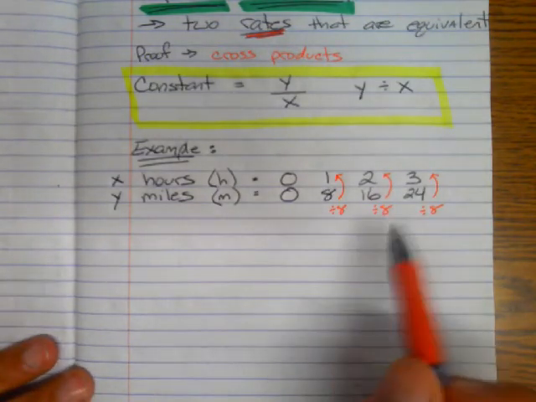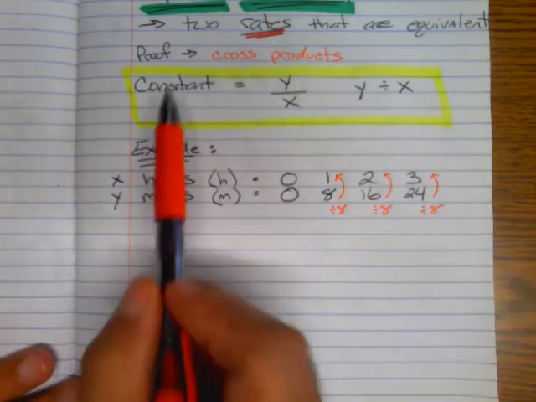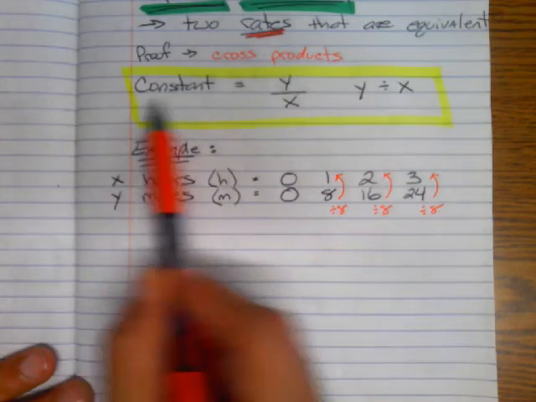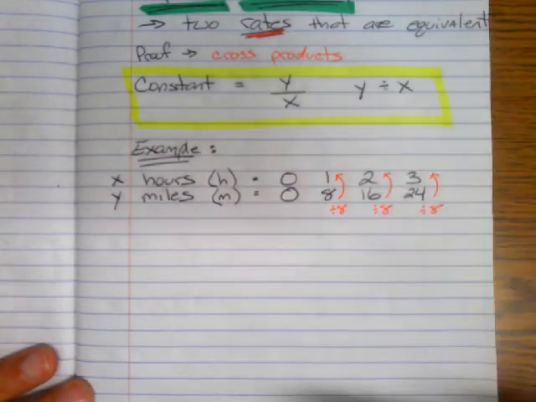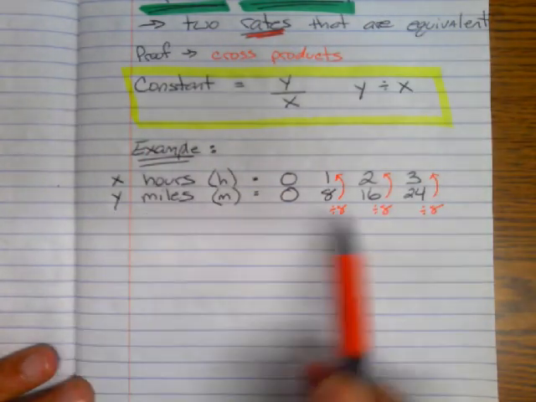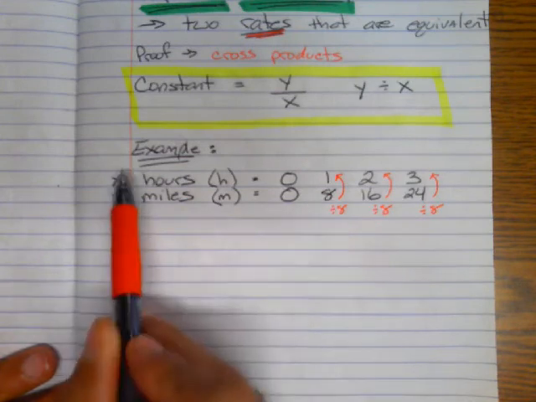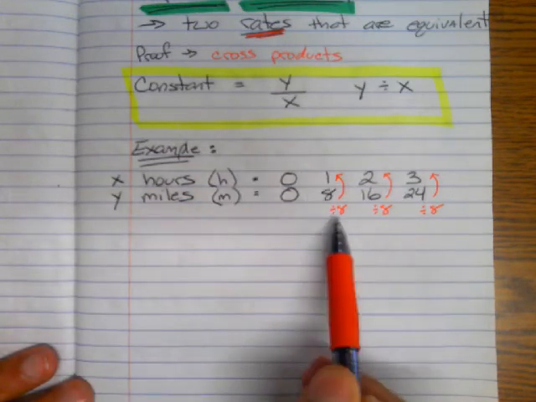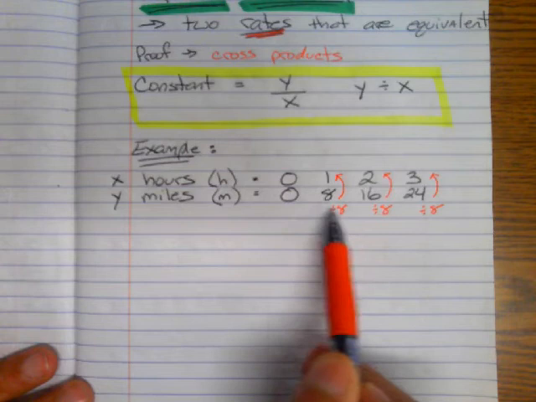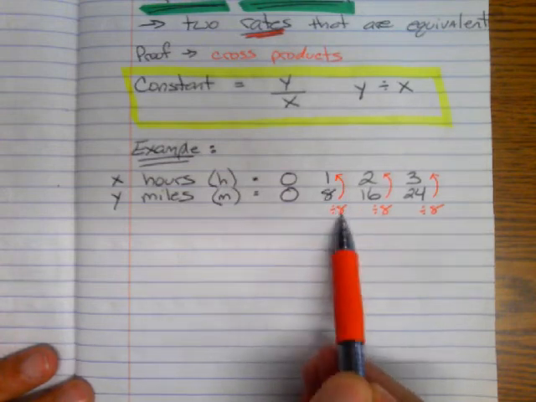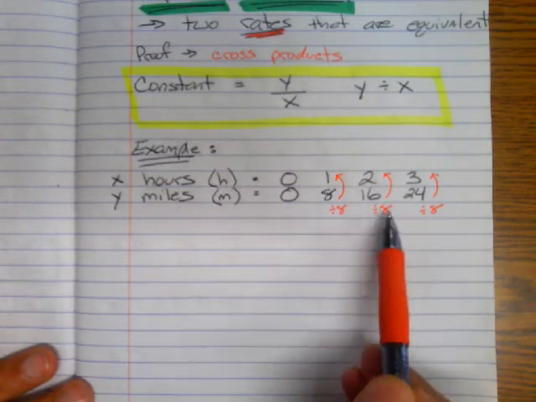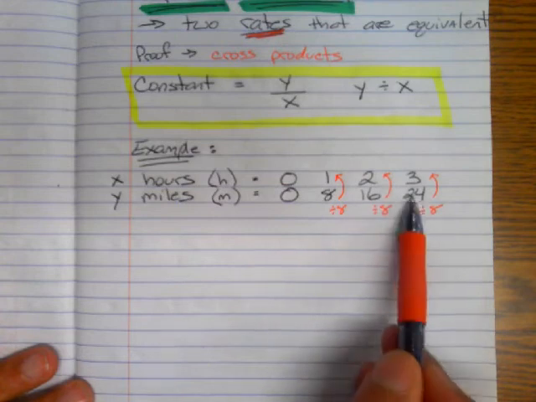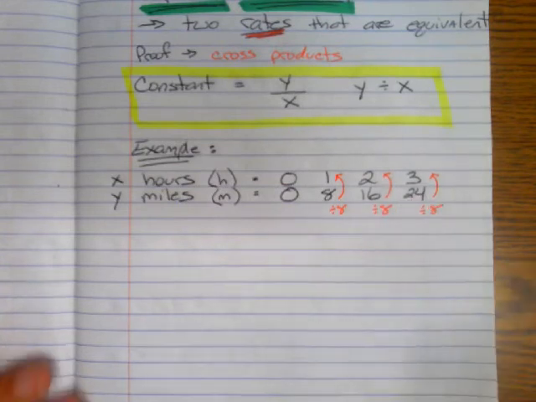So as you see, using the equation to find a constant, which is y over x, we take our y, which is 8, we take our x, which is 1, and I figure out what do I do to my y to get x. 8 divided by 8 is 1. 16 divided by 8 is 2. 24 divided by 8 is 3. There's a constant change.